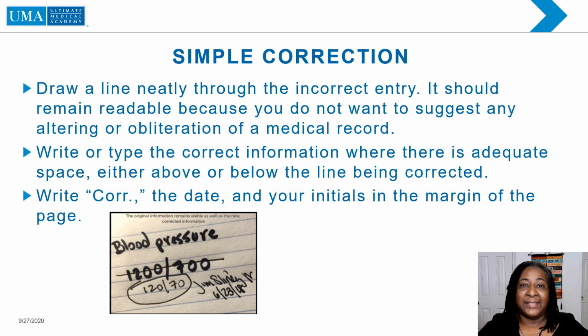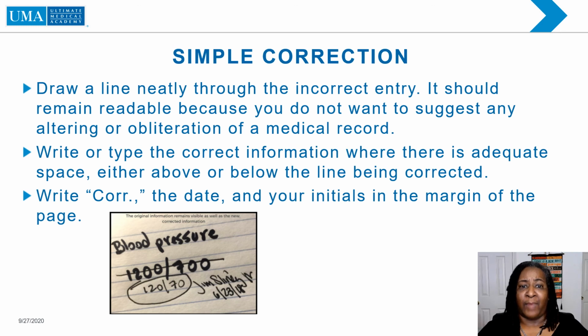When you need to make a simple correction in a paper chart, you will draw a line neatly through the incorrect entry. It should be readable because you don't want to suggest any type of alteration or obliteration of a medical record. Never do that.